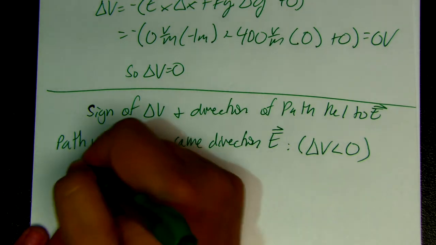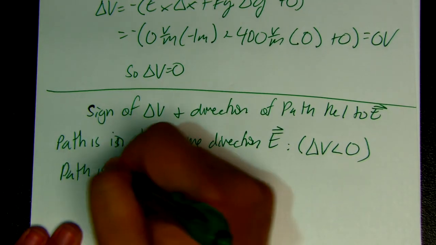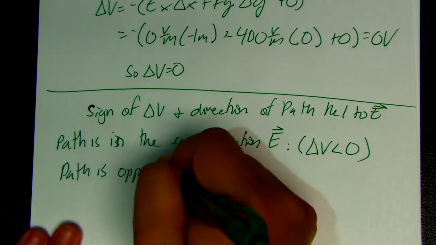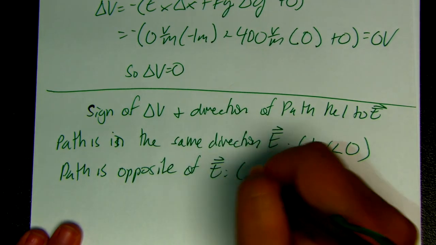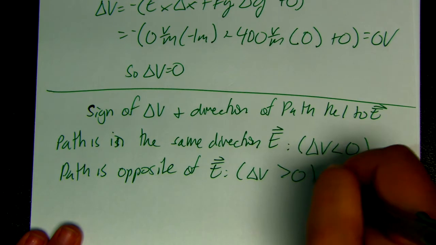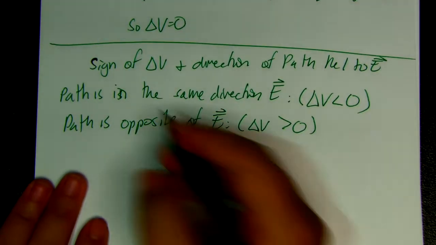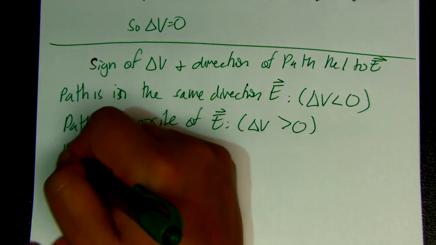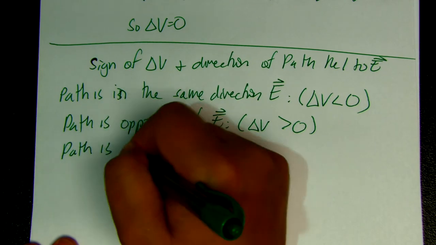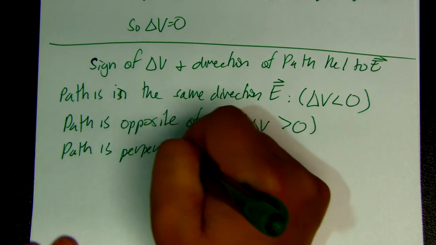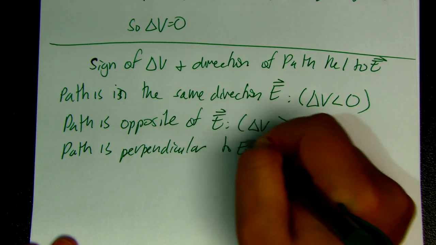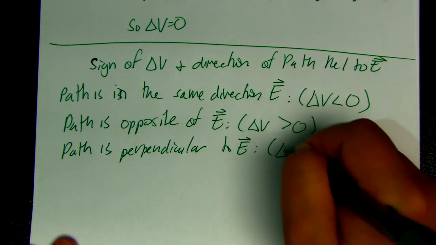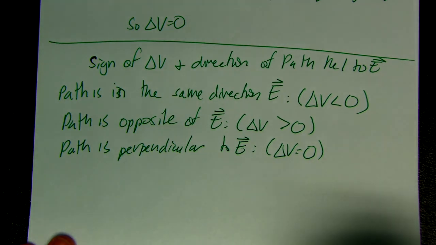It's going to be negative. If the path is opposite of the electric field, then delta V is greater than 0. It's going to be positive. Then if the path is perpendicular, then delta V is equal to 0.